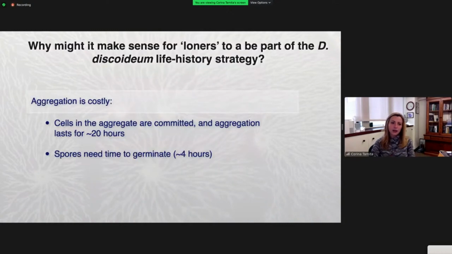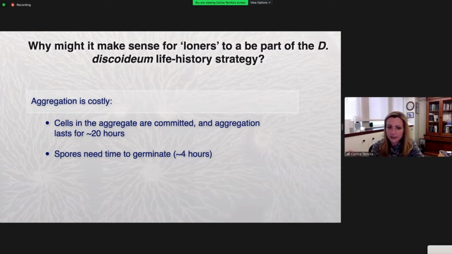At that stage, that was the best that we could do, just convince ourselves that they were at least not broken somehow. And then we tried to complete the picture of why they might make sense as a life history strategy. Well, aggregation turns out to be costly.